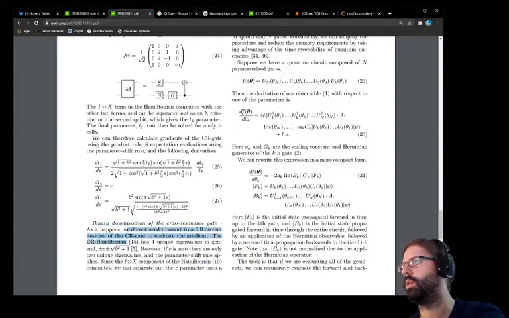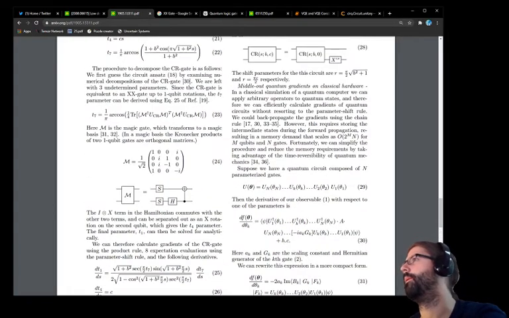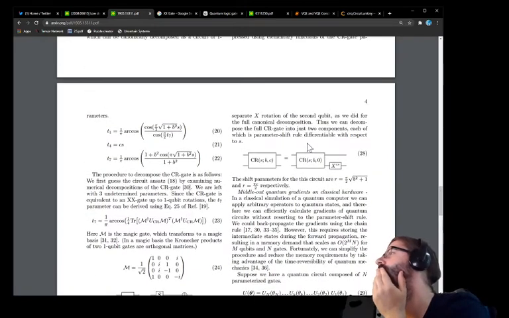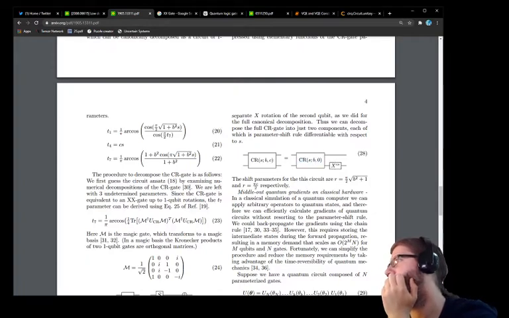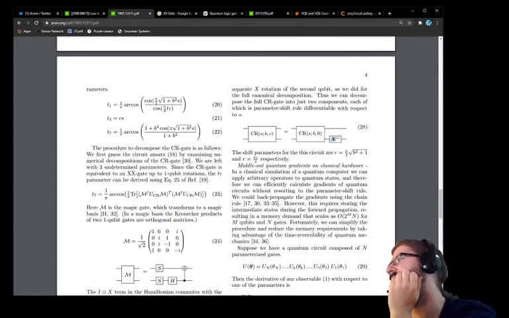Great. So the Hamiltonian has 4 unique eigenvalues in general. However, if C is 0, there are only 2 unique eigenvalues, and the parameter-shift rule applies. Now that's smart. So they explain that if one of the parameters is 0, then this has 2 eigenvalues, and so you can just go ahead and do this. Okay.